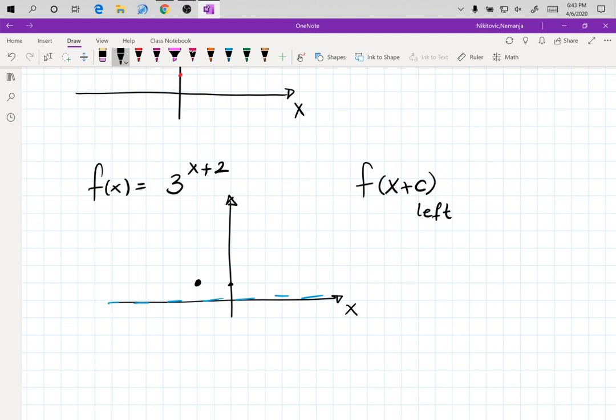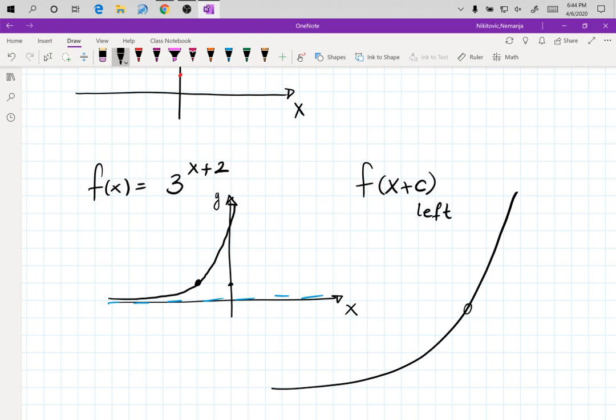So it moves right here, and you just draw the shape. Obviously, we're going to have a new y-intercept now, but it's still the exponential shape graph, right?